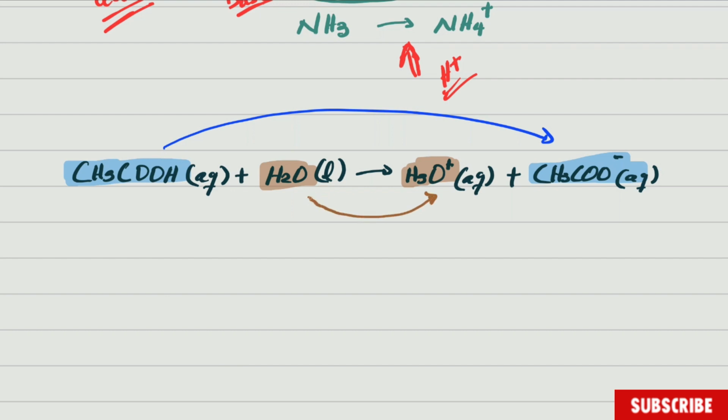So now we have to look at what happened from reactant to product. Here we started with CH3COOH, but we end in the product with CH3COO minus.